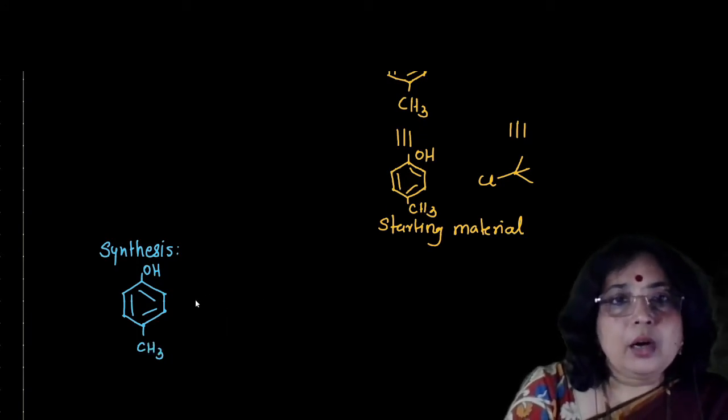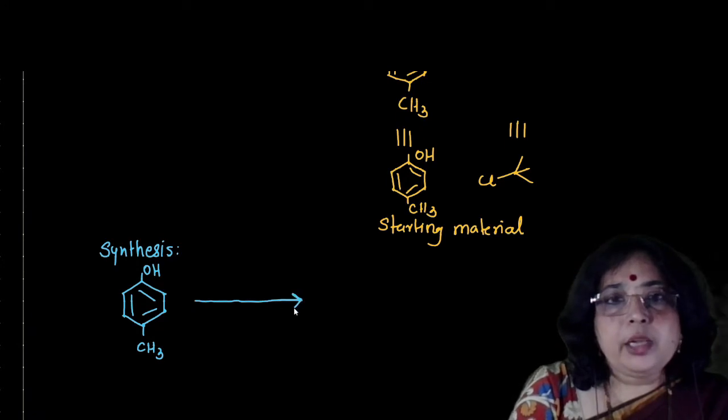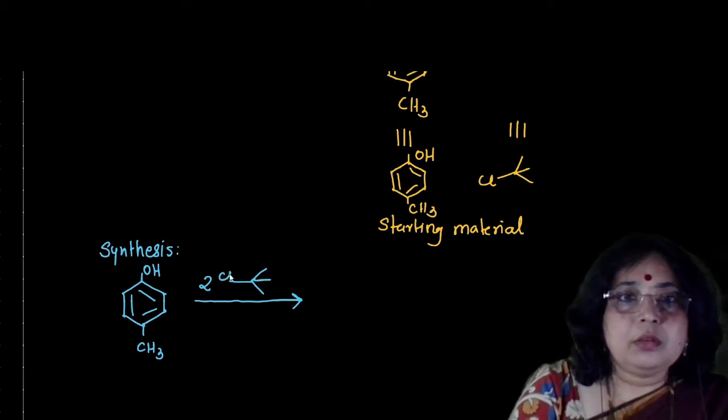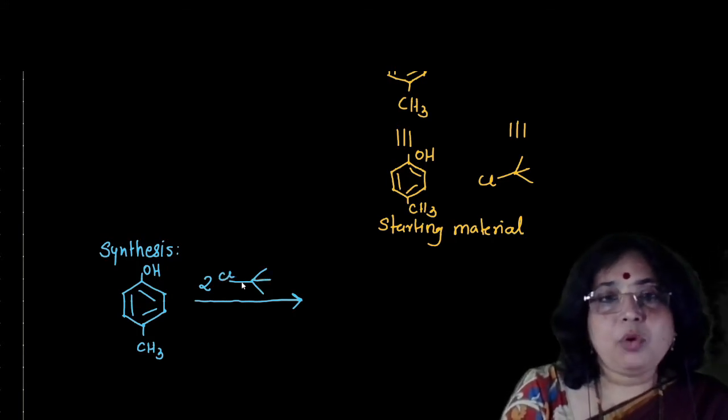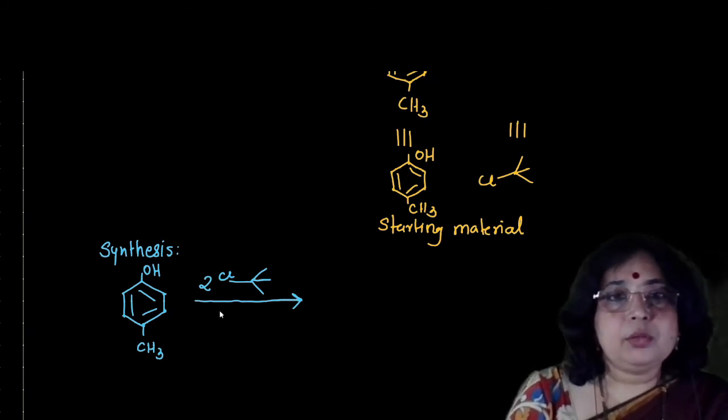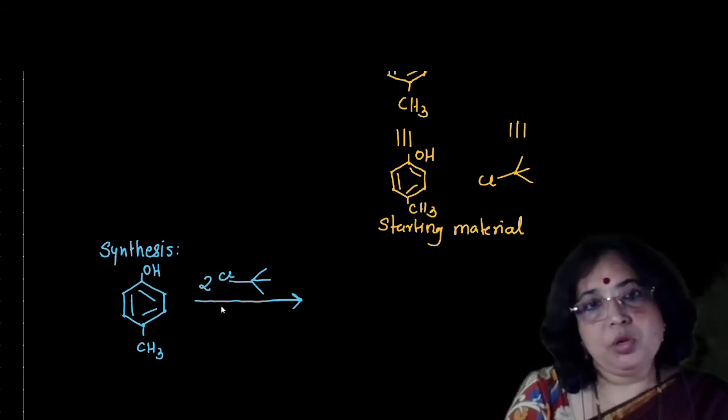Now here I am directly using two equivalents of this alkylating agent. What is this? This is a butyl chloride. So this is the alkylating agent I am using.